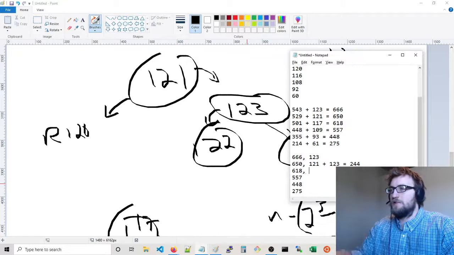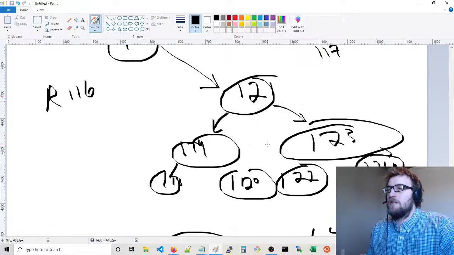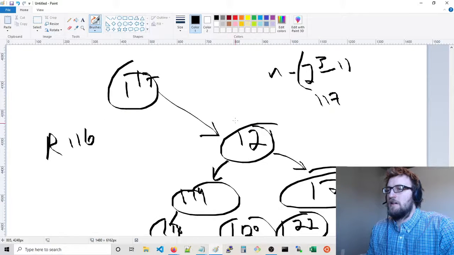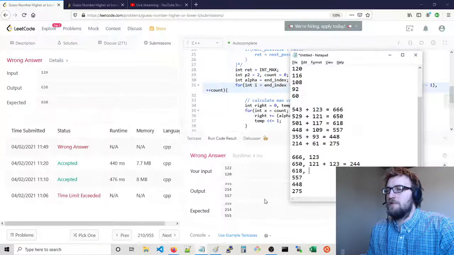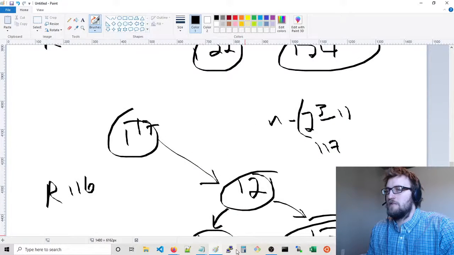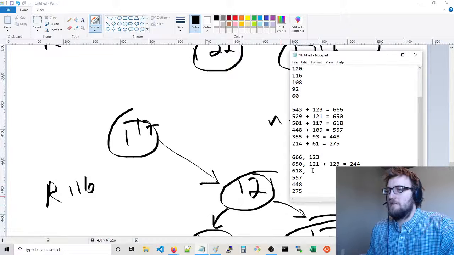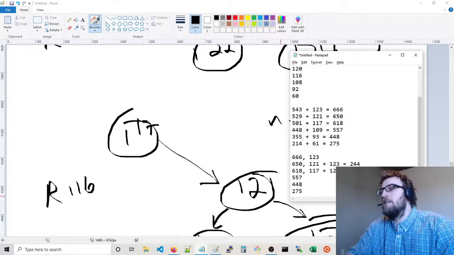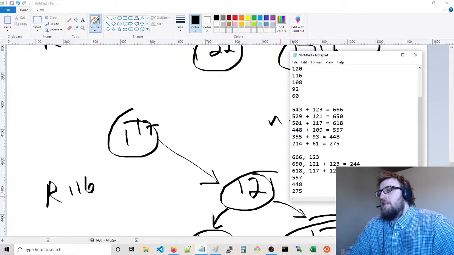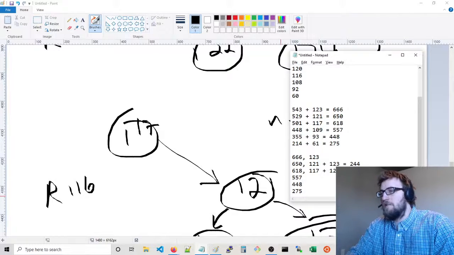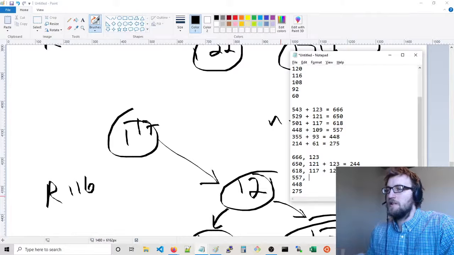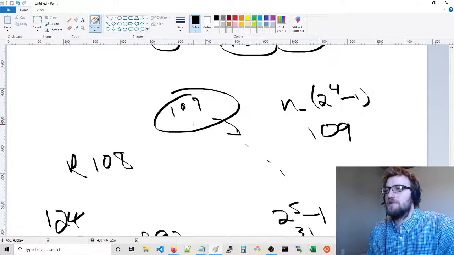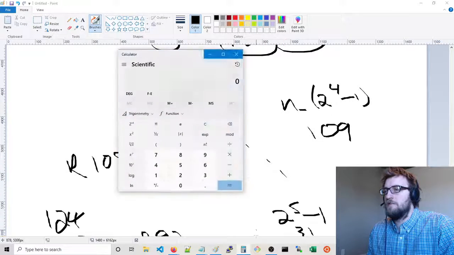This is 117 plus 121, which is 354 plus 7, 361. All right, and then this is 361 plus 109.